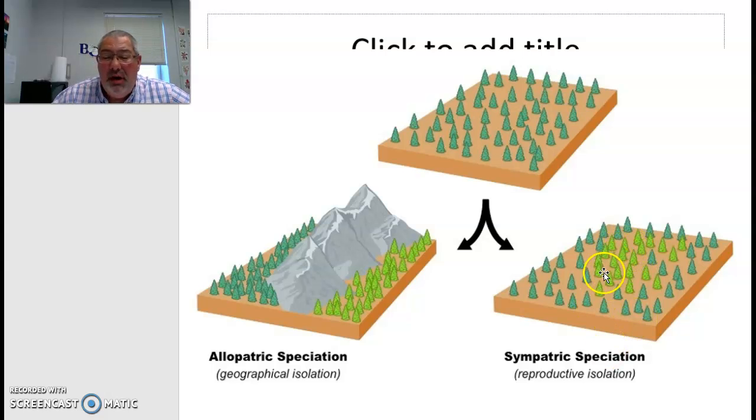Maybe the population here breeds at a different time or reproduces at a different time. Maybe this is a special habitat, a specialized environment. Maybe, since we're talking plants here, trees, the pollen of this particular population in light green will not fuse with the egg of this darker green.